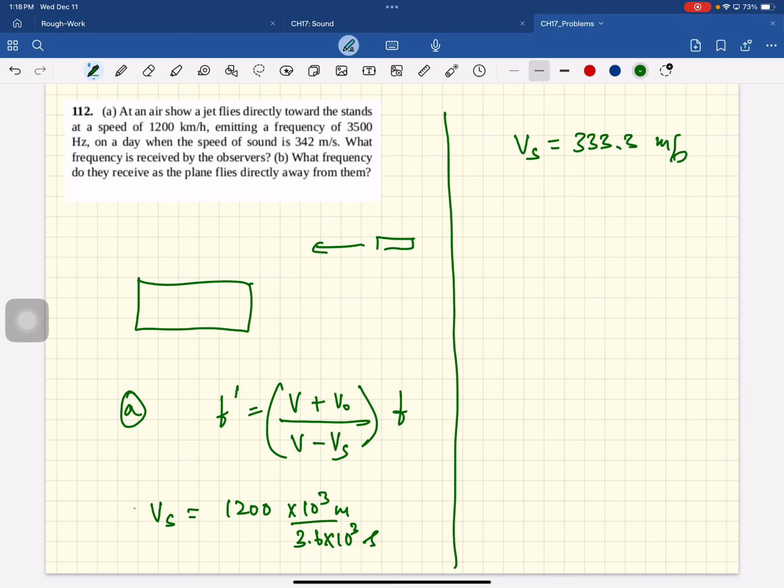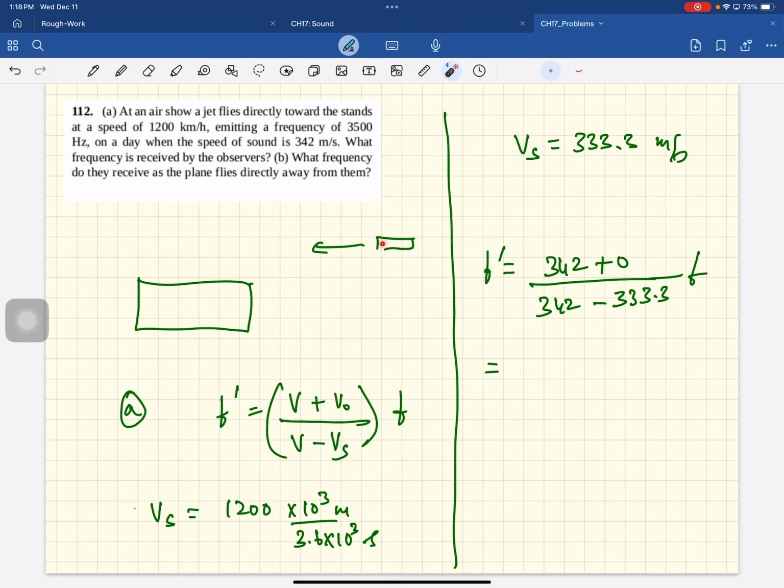The frequency of 3,500 hertz is emitted by the plane, and the frequency these observers hear is: v is the speed of sound, 342 meters per second. V naught is 0, the observers are at rest. So 342 minus 333.3, times f.